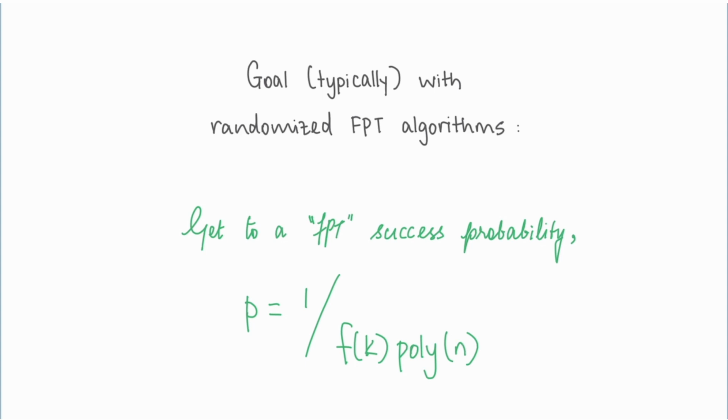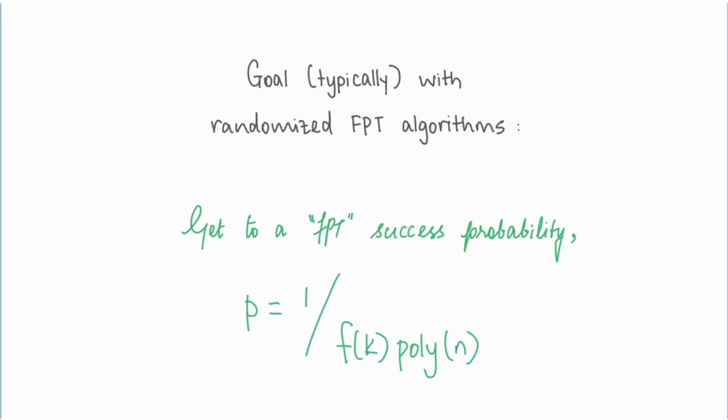So we will not come back to the same argument multiple times. What we will basically do is talk about a problem and come up with the base algorithm which runs in polynomial time and which has this kind of success probability. And because of this discussion, you know that that also implies automatically an algorithm with an FPT running time that has a constant error probability bound.